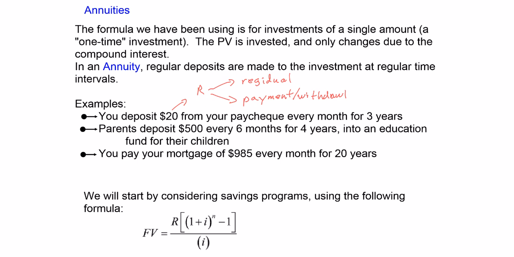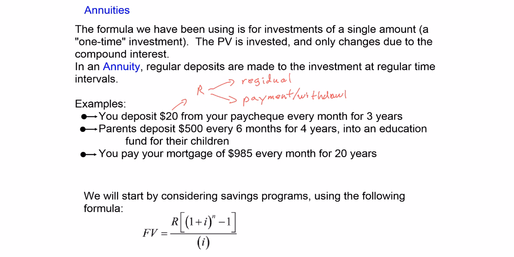When we look at this, we have parents depositing $500 every 6 months for 4 years. Well, basically, the R value, the residual, is $500. And the time it takes to pay this is 4 years.